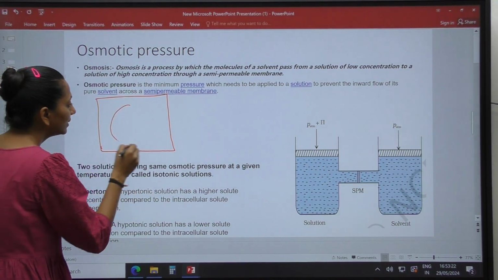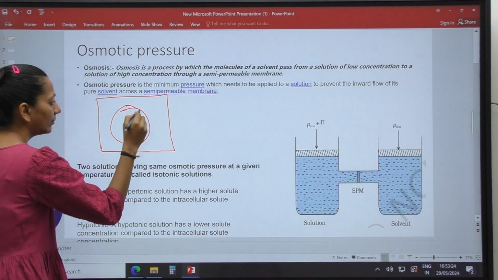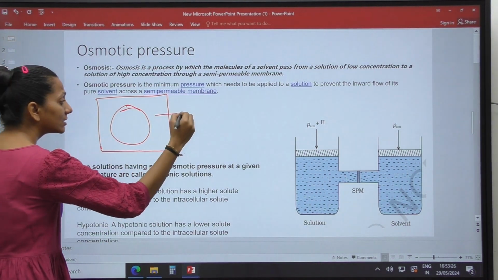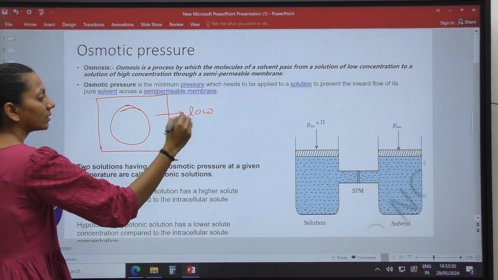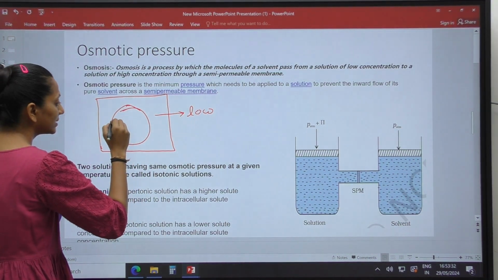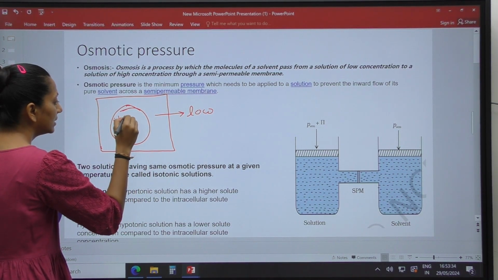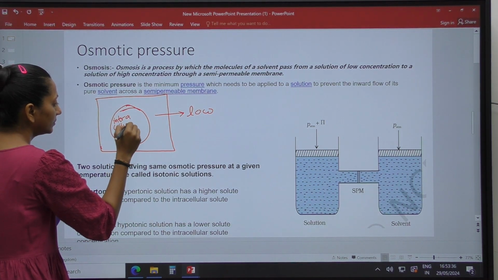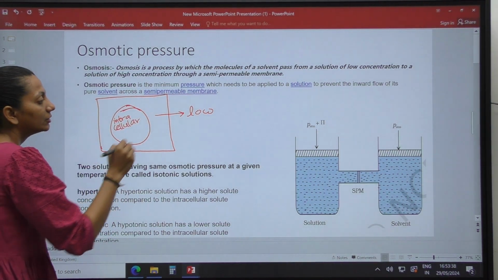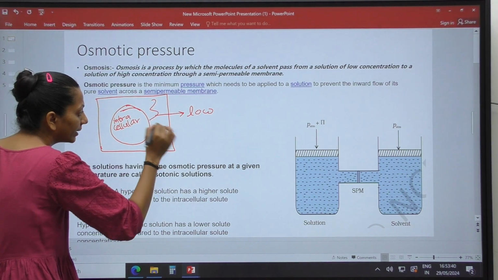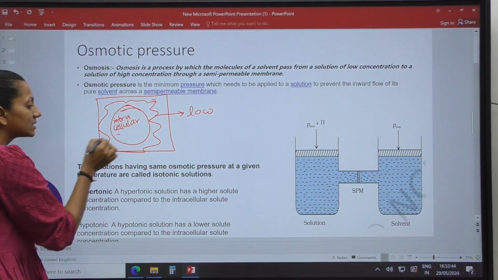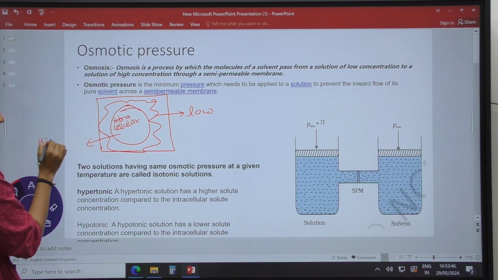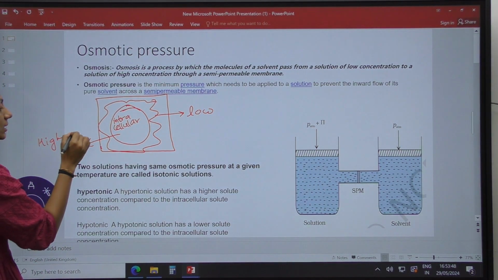This is my cell. Once again I am having my cell, with the intracellular space inside. The outer area is having low concentration, whereas the inside is going to have high concentration.